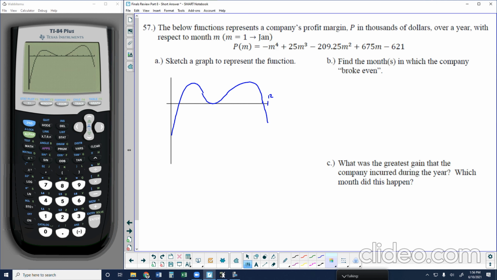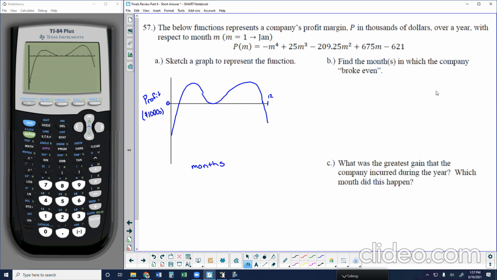So there's 12 on my x, there's 0 on my y. The y coordinate is profit, and this is in thousands of dollars. The x-axis is months, and that's again where January is month number 1.